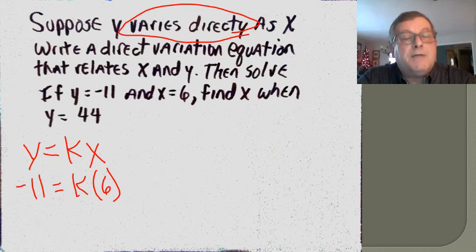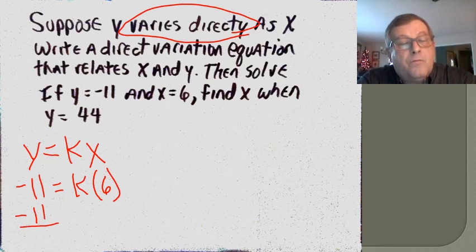I got minus 11 equals kx. That's k times x. That means if I'm going to isolate the k and solve for k, I'm going to do the inverse of the multiplication, and I'm going to divide minus 11 by 6. So I got minus 11 over 6 equals k.